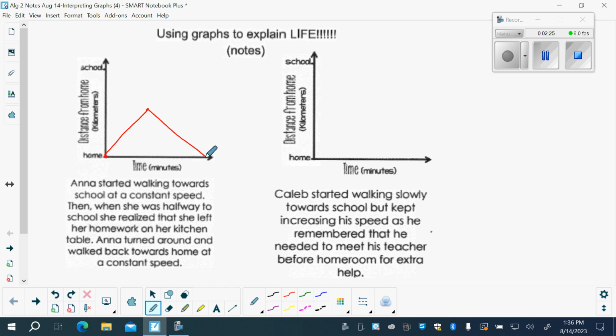That's right. So we're going to start here. And then we know that it's going to go slower, slower, slower. And then to show faster, the curve is going steeper, steeper, steeper. Does that make sense?